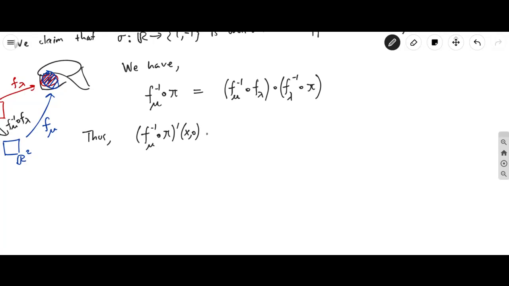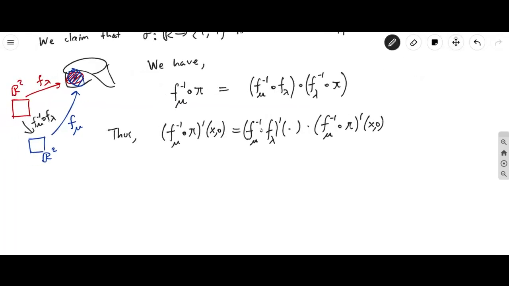evaluated at x comma 0 would be equal to, since it's a composition of two functions, the derivative of the inside function at x comma 0, multiplied by the derivative of the outside function, and it gets evaluated somewhere. The point where it gets evaluated, we're just going to call it p.